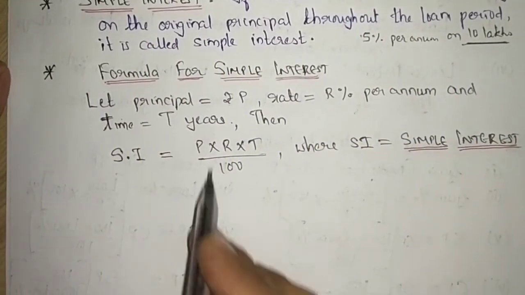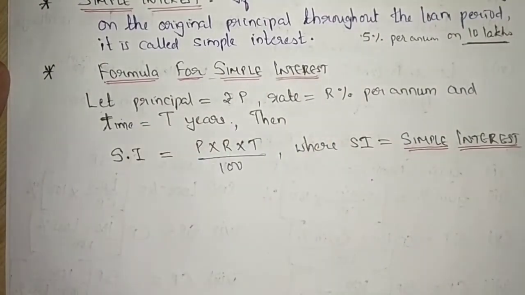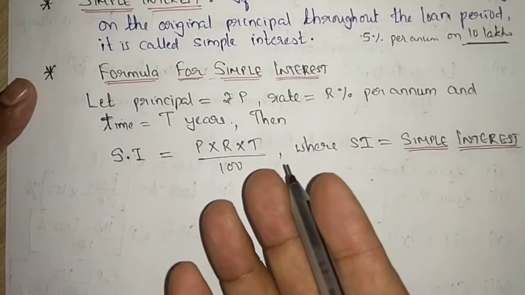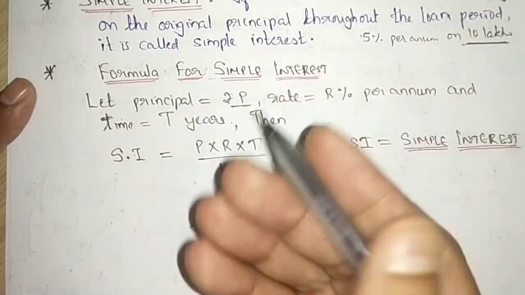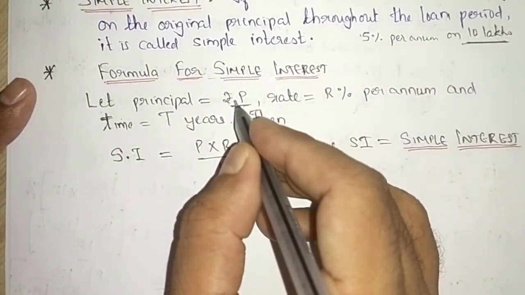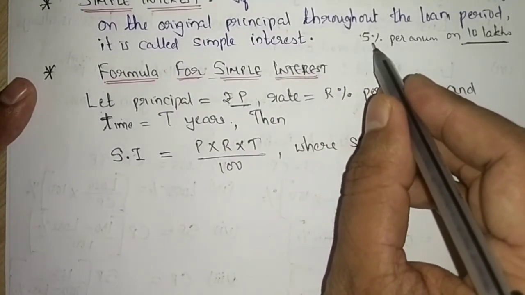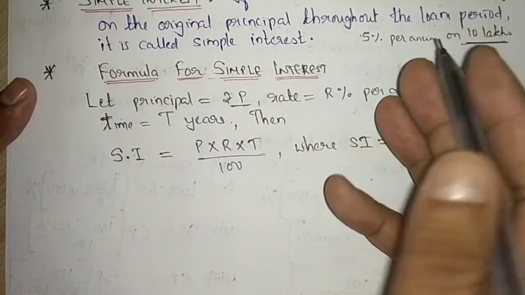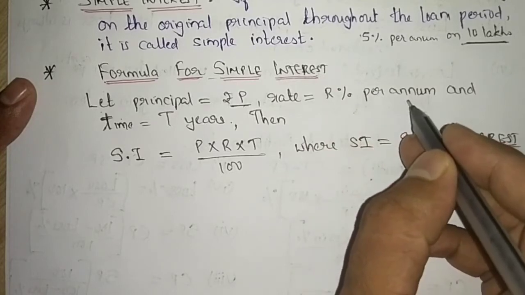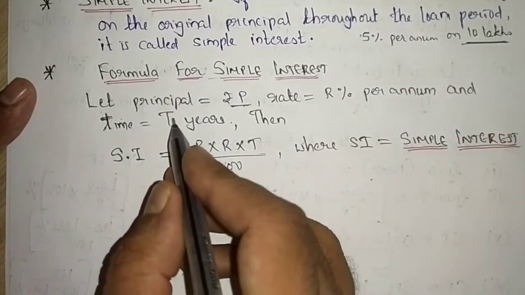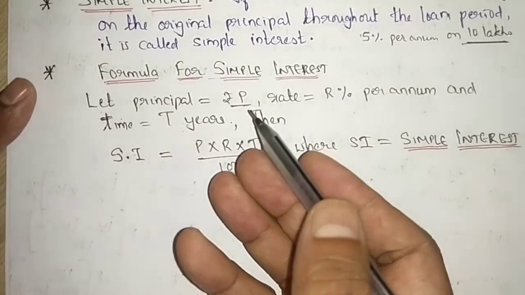Now the formula for calculating simple interest. Let the principal amount, the amount which I have taken, 10 lakhs just as an example, be P. It may be some other amount, so let it be P. Let the percentage be R, the rate of percentage per annum, and the time period be T. It may be 1 year, 2 years, 5 years, depending upon the situation.